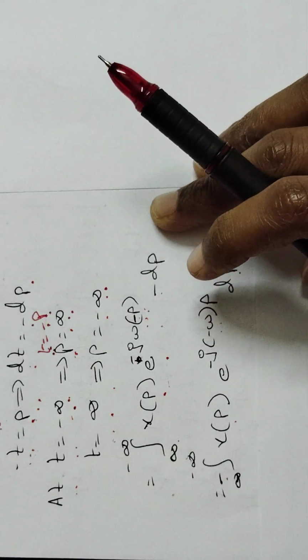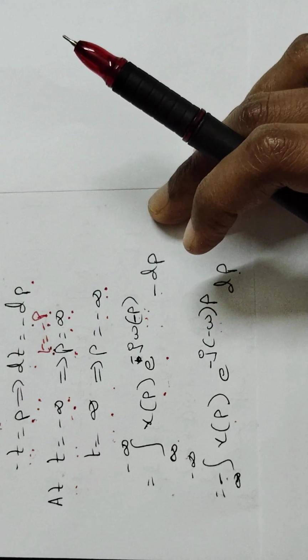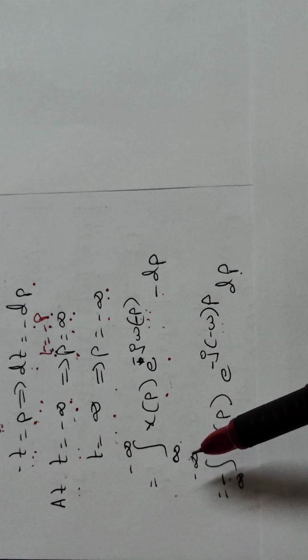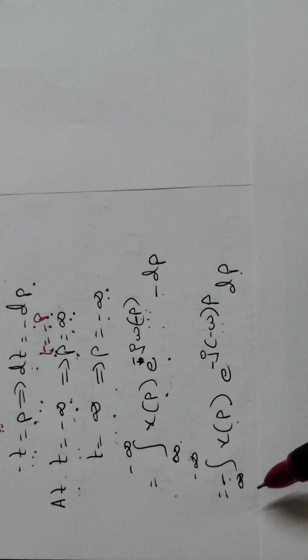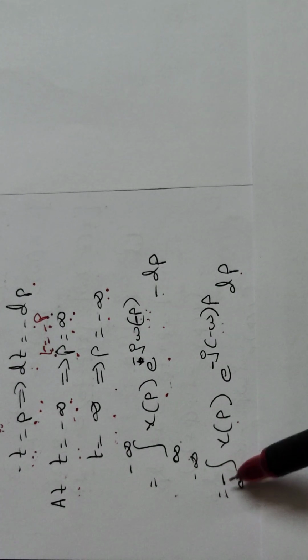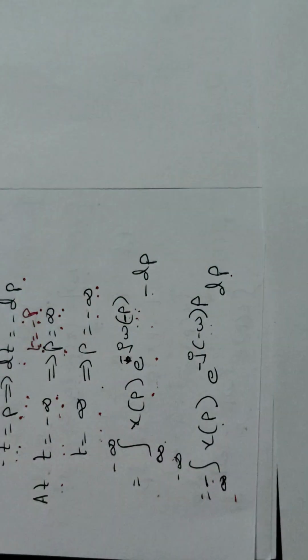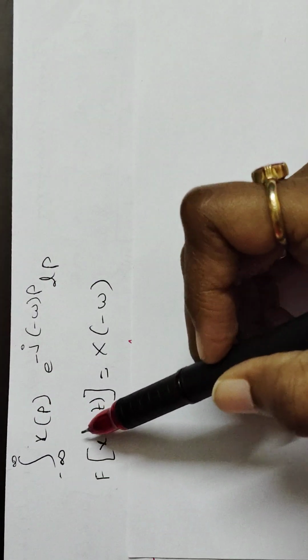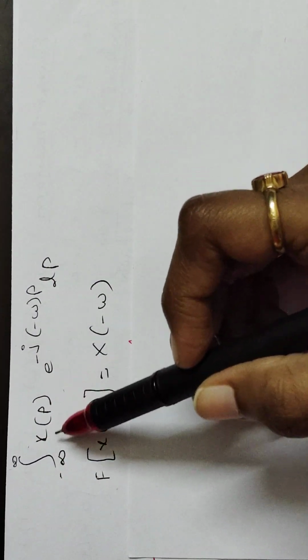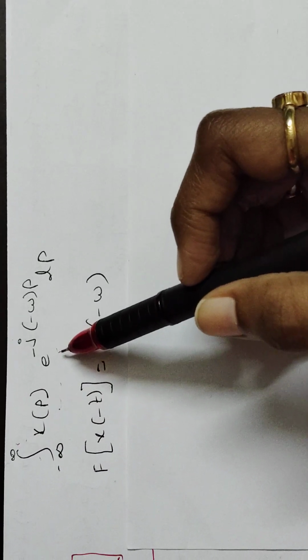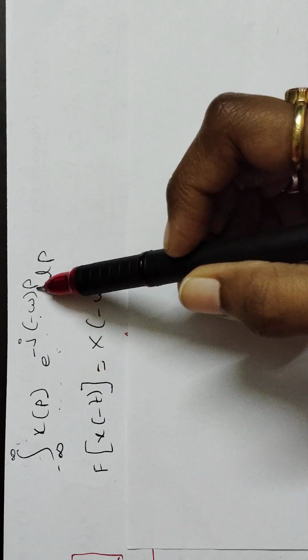Now if the Fourier transform definition is to be satisfied, this is not in the form of the Fourier transform, because here the limits are from ∞ to −∞, but the Fourier transform limits are from −∞ to ∞. For that, if you remove this minus, again you have to change the limits to −∞ to ∞. So the integral from −∞ to ∞ of x(p) e^(−j(−ω)p) dp.